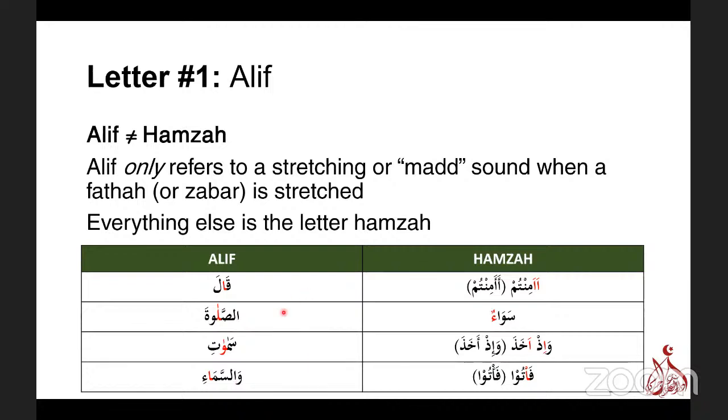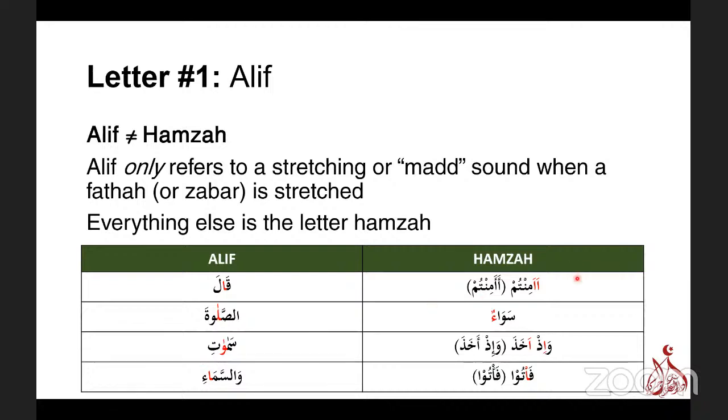So that sound coming again. You're stretching a fatha. Samawati. So that is the alif. Was-sama'i wa tariq, or whatever other surah we want to think of. That sound again is alif. These are all considered to be alif. Whenever you have a stretching sound on a fatha, that's the only thing called an alif in Arabic.